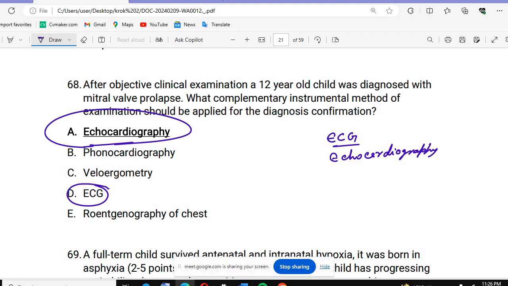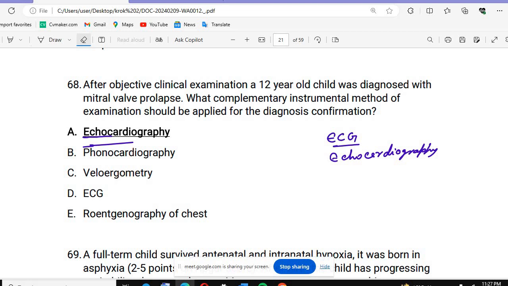They write the full form, so we need to choose the full form in the questions. If you get echocardiography, they want to say that they did some hard work, so you need to choose this answer only. Otherwise, both options are the same.